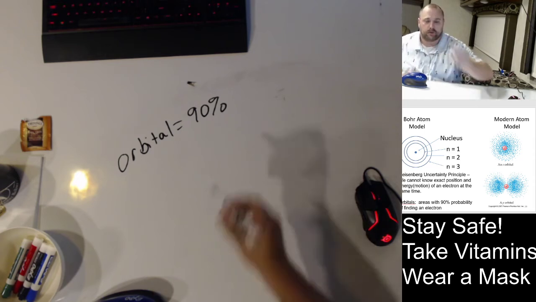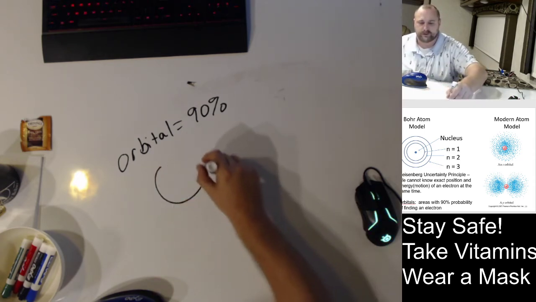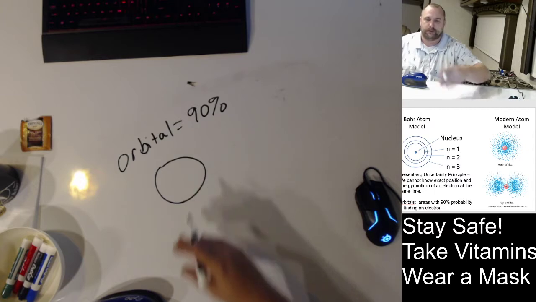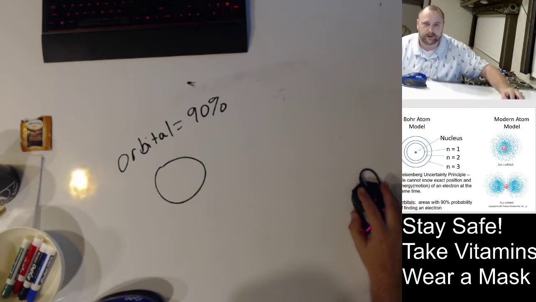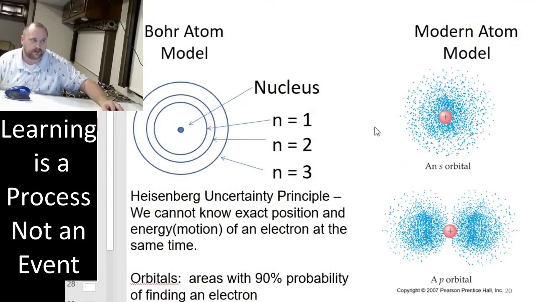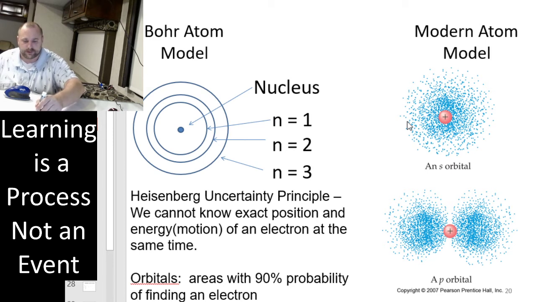All right. So we start off, we describe kind of a sphere, and that's our first basic orbital. And when I look over here at this rough thing, there's your sphere. Now, what we want to keep in mind is there's 0 chance of finding the electron in the nucleus. All right. And there's only certain places it's going to be, but there's a little fuzziness in the math on the inside part.